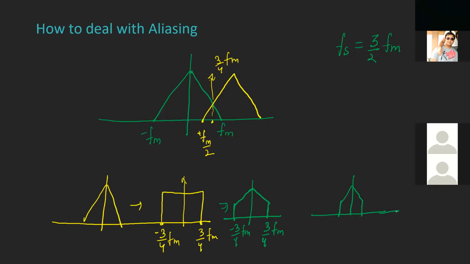What will be the leftmost point of the next spectrum? Before that, I'll write this as 3 by 4 fm. So it will be 3 by 2 fm minus 3 by 4 fm. How much will that be? That will be 3 by 4 fm, right?